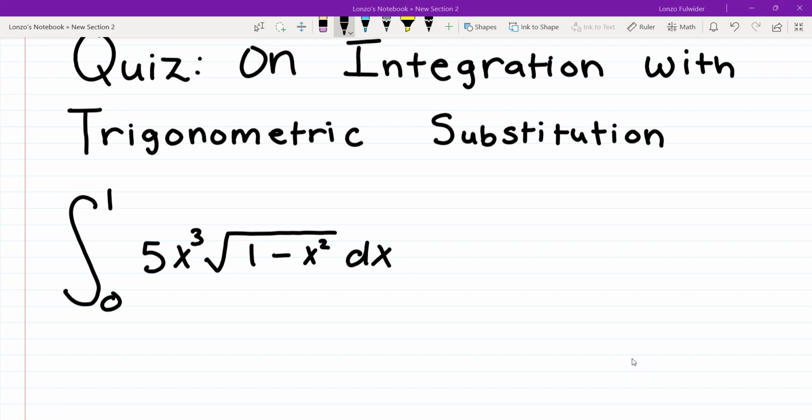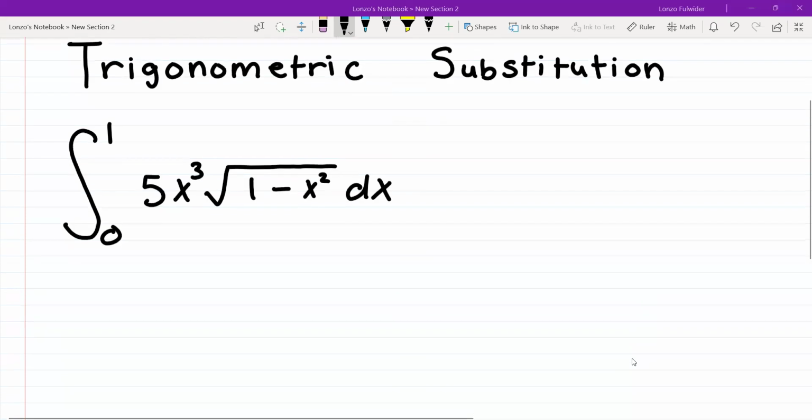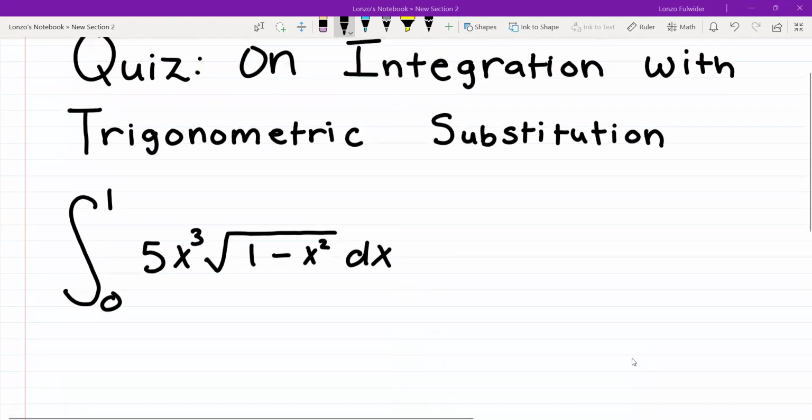What we're going to do, our integration now has boundaries from 0 to 1, and we have to take the integral of 5x cubed times the square root of 1 minus x squared dx. So we're going to use this special trig substitution.